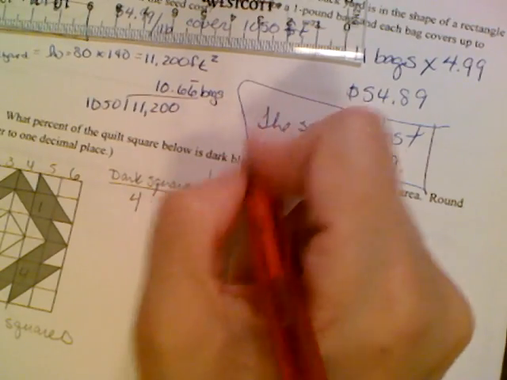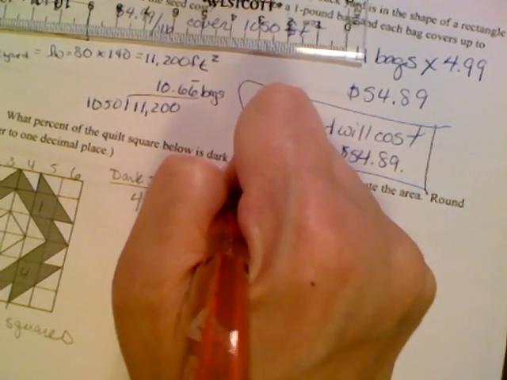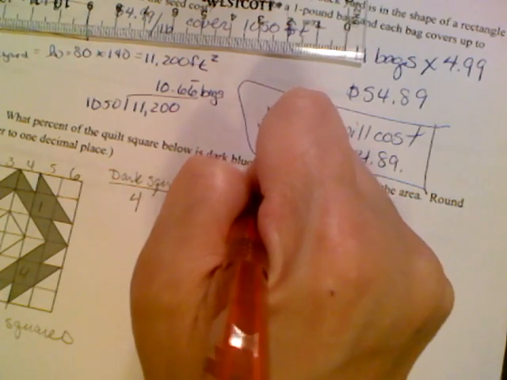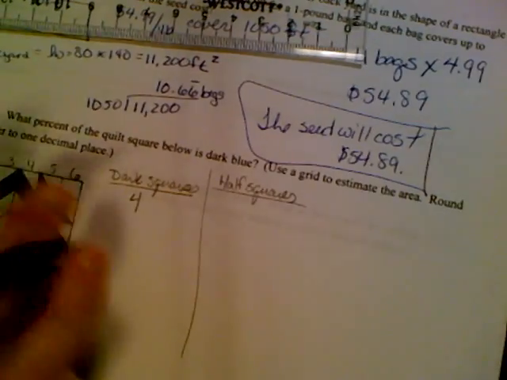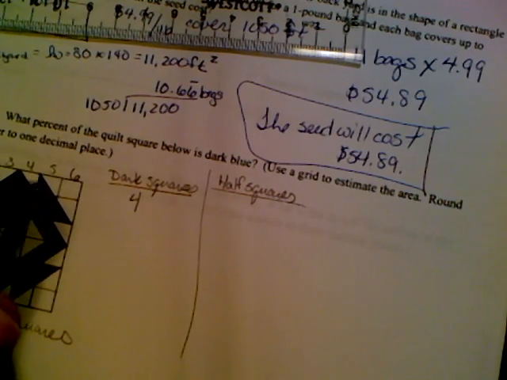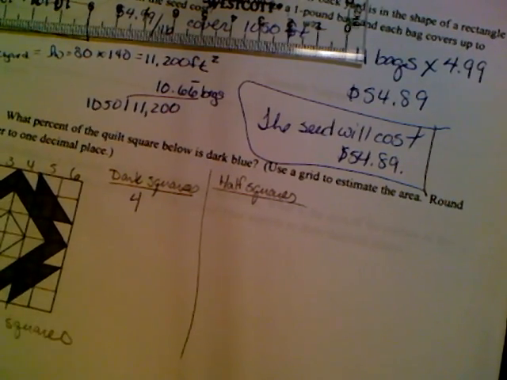Now I'm going to count the half squares. That's what we call them in quilting, the triangles that take up half a square, like this right here. And I'm going to count those.